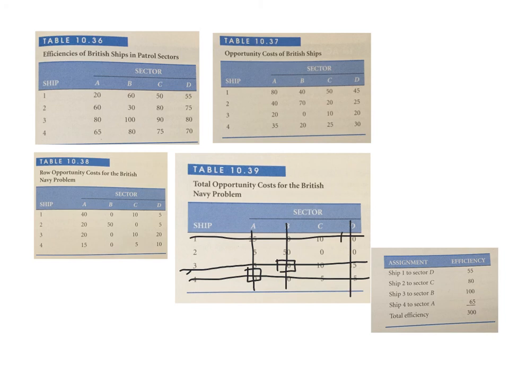So ship number 1 is assigned to D, and finally ship number 2 is assigned to sector C.